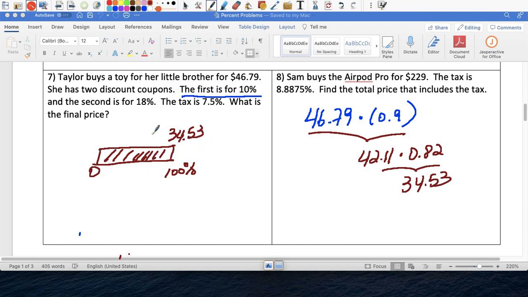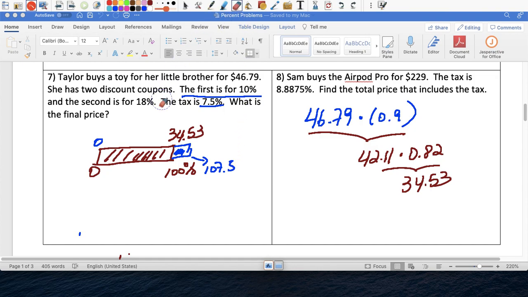It doesn't matter. After 2 discounts, this is your new price and this is your new bar. Now you have to pay for tax, and tax is 7.5%. So if you pay only 100%, you're paying $34.53. But unfortunately, there's tax, which is going to add to that 100. If you add 7.5, it's going to take you to 107.5.